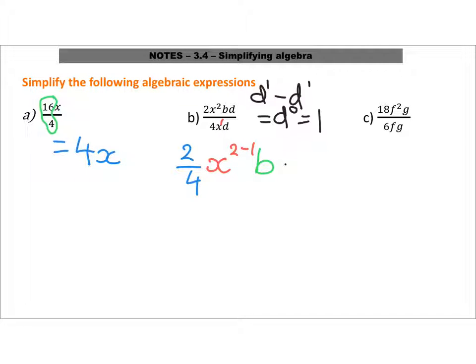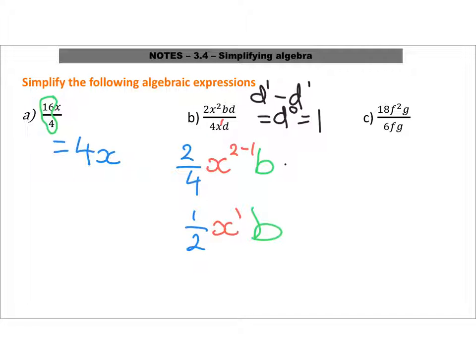So, simplifying our equation further, we've got 1/2, because we know that 2/4 is the same as 1/2, and then we've got x to the power of 1 and b tacked on the end there. And I can also write x to the power of 1 as just x.